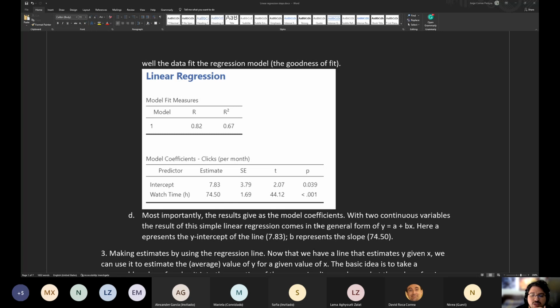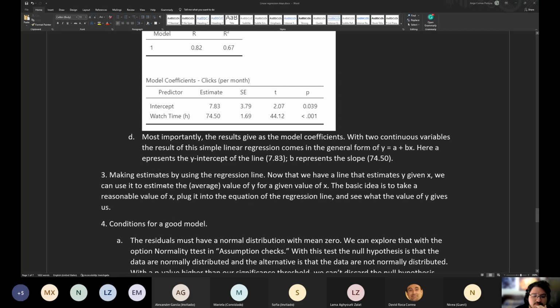So with two continuous variables, the result of this simple linear regression comes in the general form of y equals a plus bx, where a is the intercept and b is the slope of that line that best fits the data. So now we can make estimates by using this regression line.